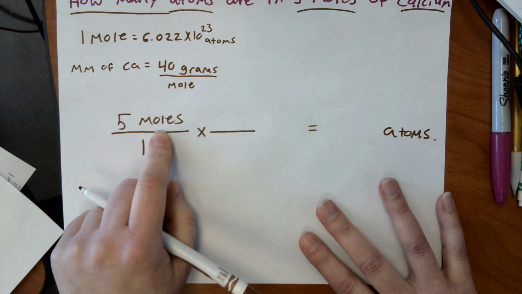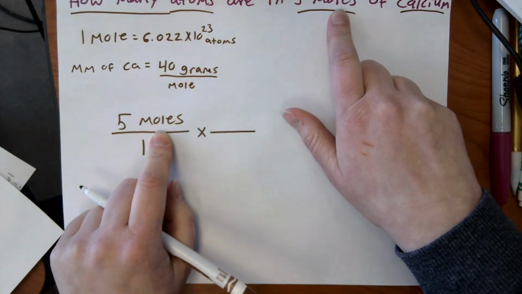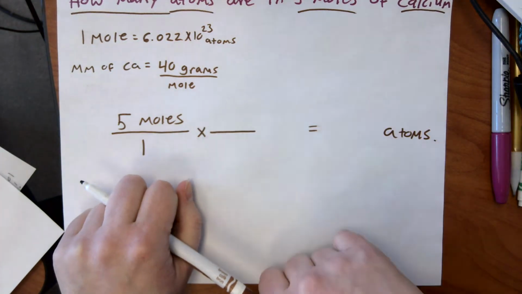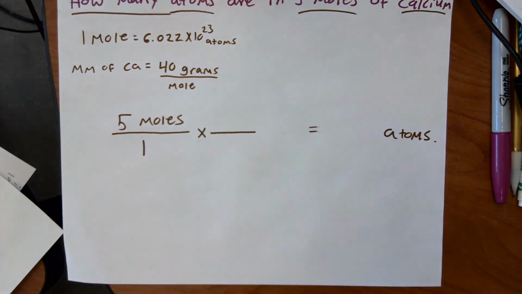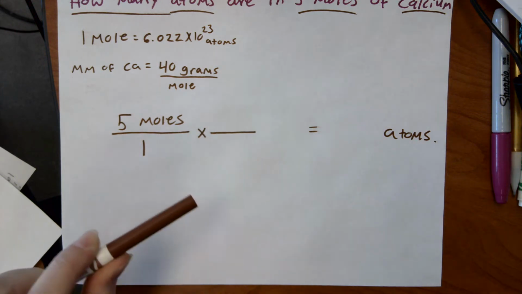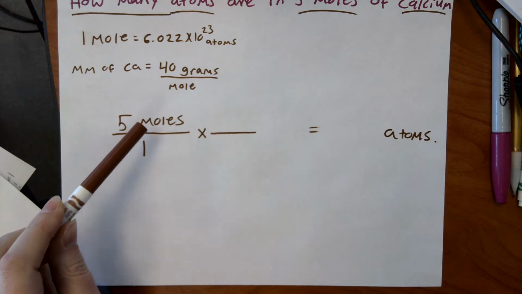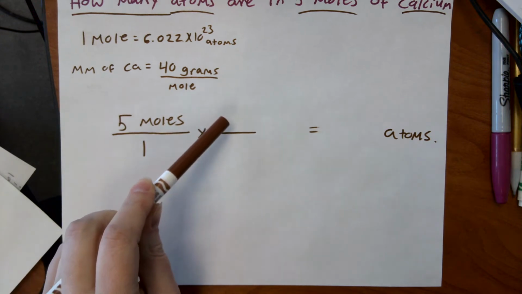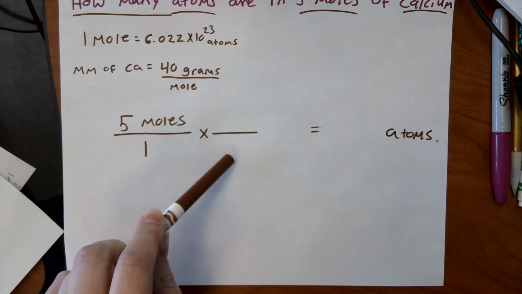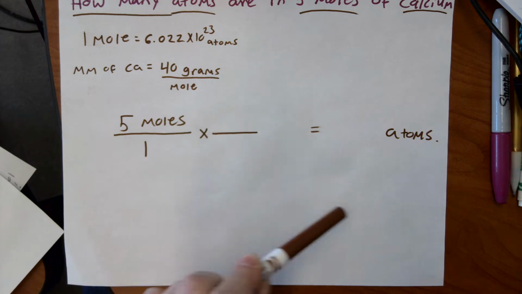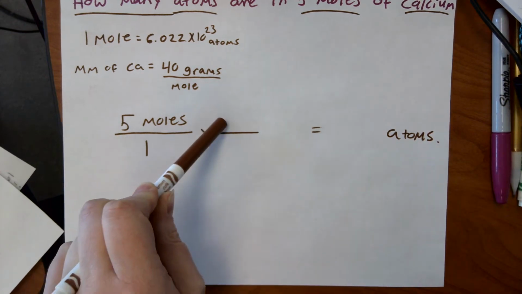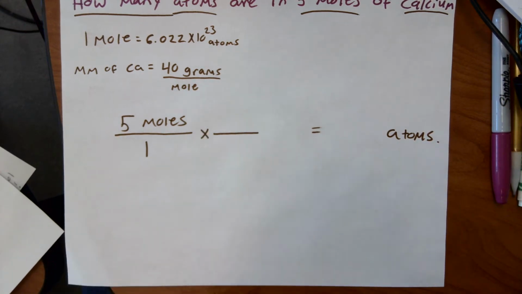Because we're going from moles, which we start with, and we're going to be ending with atoms. So we should try and use a conversion factor that gets us there as soon as possible. Okay? So we need to have moles in our conversion factor over here. And we also want to see if there's something that has atoms in it as well.